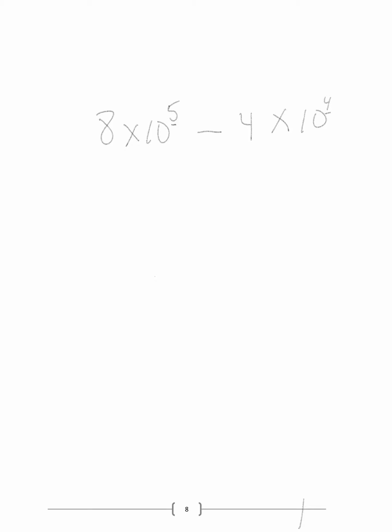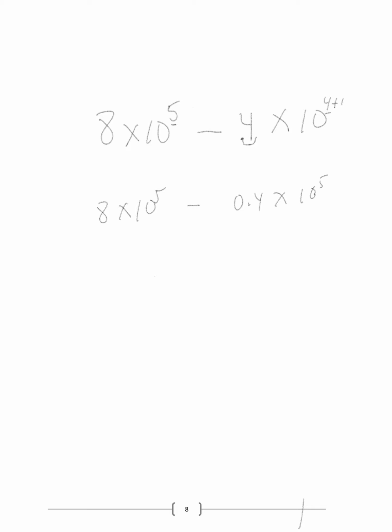In order to make this 5, I need to move the decimal place one place to the left, and when I move it one place to the left, I need to add 1 to my exponent. So what I'm going to get is 8 times 10 to the fifth minus 0.4 times 10 to the fifth.